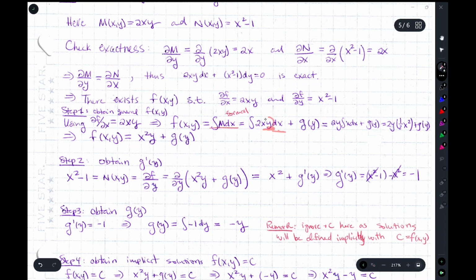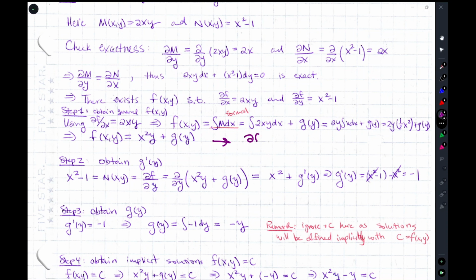Again, you just treat y as a constant. We have a constant of integration, which in this kind of integral is a function of y. We factor out the 2y, and we get one half x squared plus g(y), so f(x,y) is equal to x squared y plus g(y).